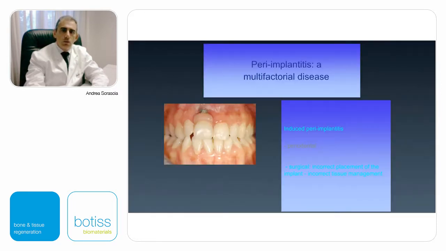Then, to avoid generating peri-implantitis, a correct surgical approach must be determined through a great knowledge of surgical technique and a deep study of soft and hard tissues. And in this speech, we will examine how to handle the soft tissue.